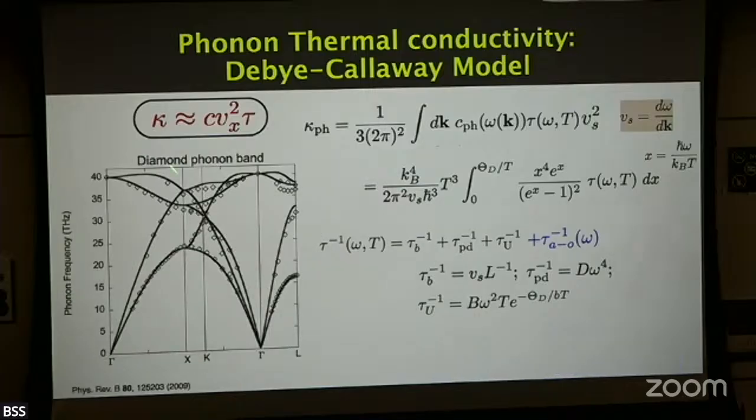So if you look at this, it's the diamond phonon band. This paper, surprisingly from 2009, when Quantum Espresso became widely available, they calculated this, and this data is measured with inelastic phonon neutron scattering. And they are doing a really good job.